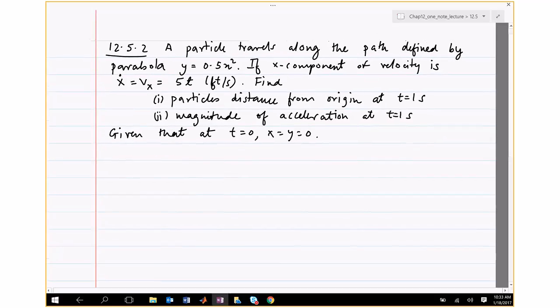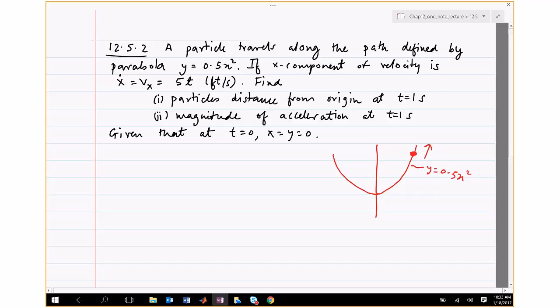Okay, so a particle travels along the path defined by a parabola, y equals 0.5x squared. A parabola looks something like this. For every value of y there are 2 values of x, so it should look like this. So the particle moves along a parabola.